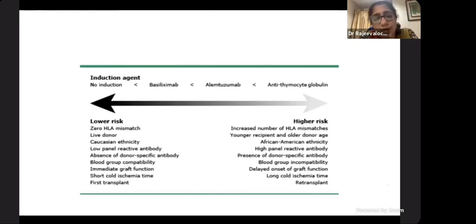The other thing is when somebody has already had another organ transplant like a heart or a lung, and you're then putting in a kidney, you may not need an induction agent because they're already on immunosuppression, and it may increase the risk of leukopenias and infections. But by far, I think most of us do use some sort of an induction agent, with a lot of us preferring ATG over Basiliximab, especially in the higher risk groups, as I've already told you.